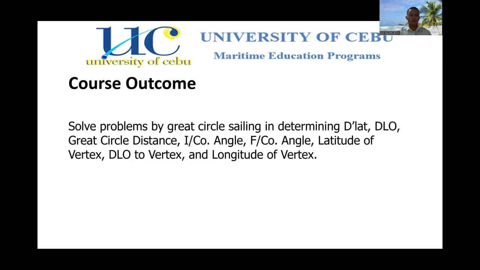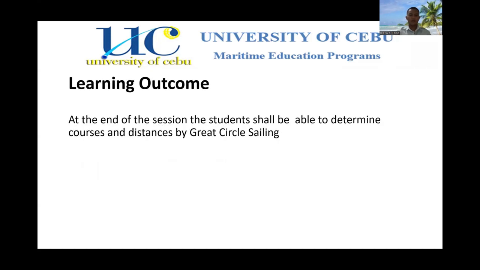So our course outcome: solve problems by great circle sailing in determining difference of latitude, difference of longitude, great circle distance, initial course angle, final course angle, latitude of vertex, d long to vertex, and longitude to vertex.